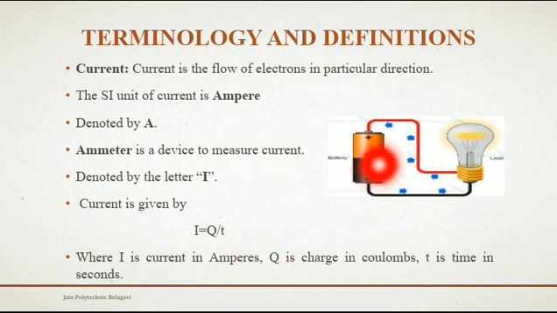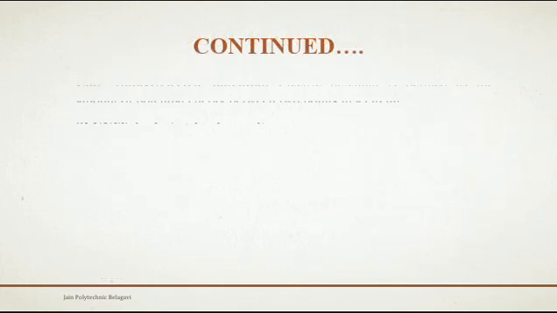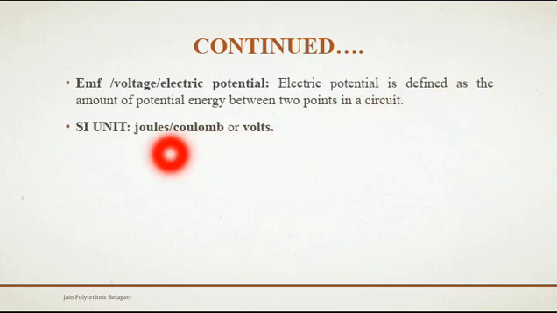This is the diagram where you have a battery and bulb connected. This diagram shows the conventional direction of current. The conventional direction of current is from negative to positive. The next definition is EMF, voltage or electric potential.